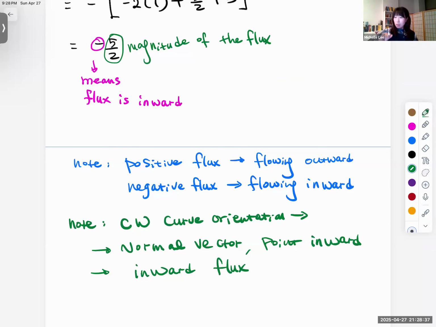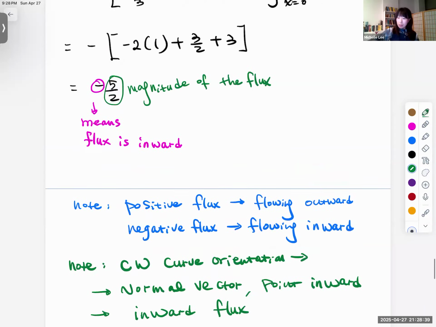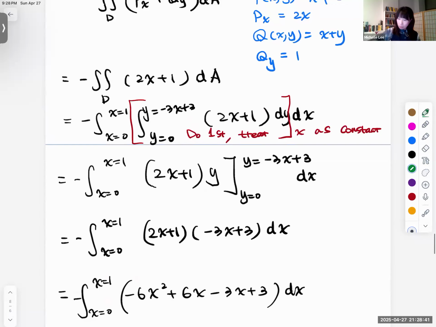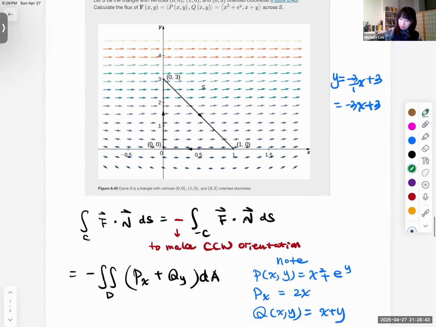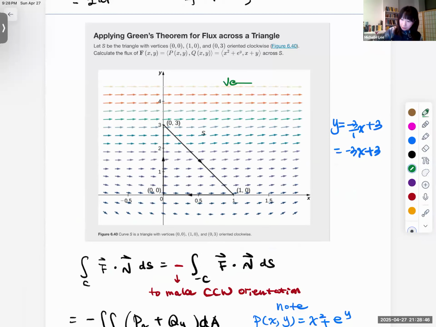Make sense? Let's take a look at the picture. This is the vector field. Look, what's going on? This vector field looks like it goes outward, right? Can you see?